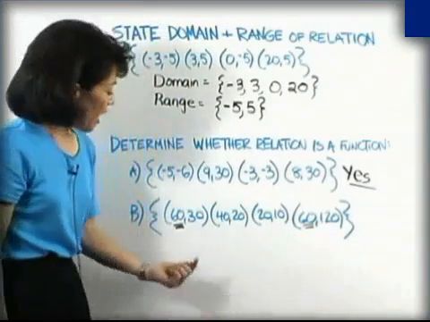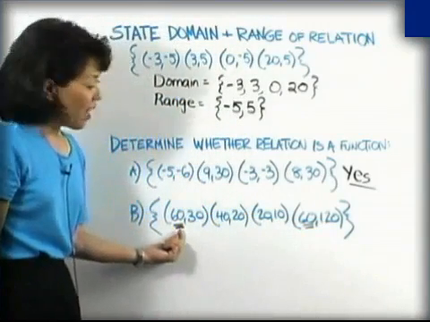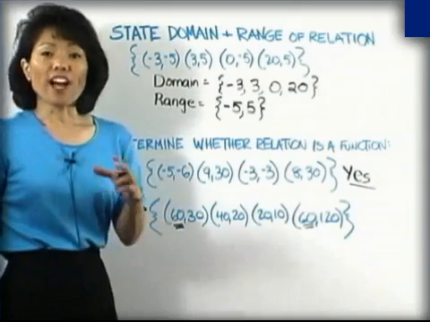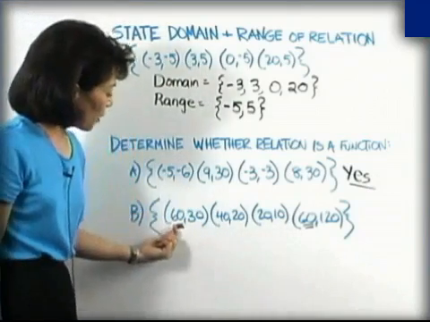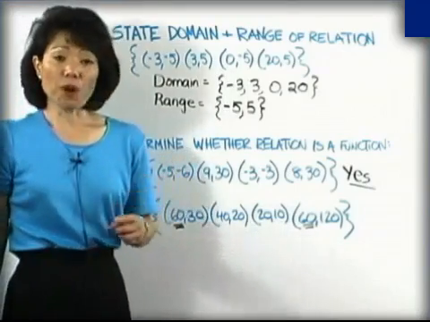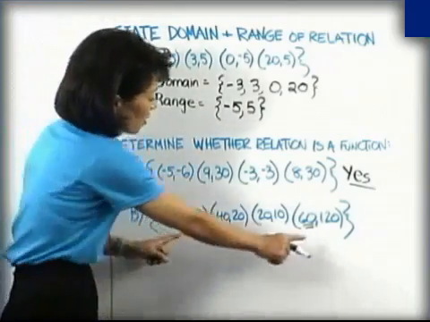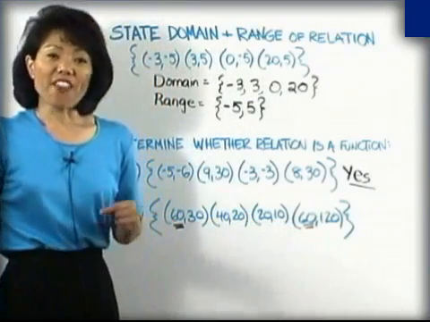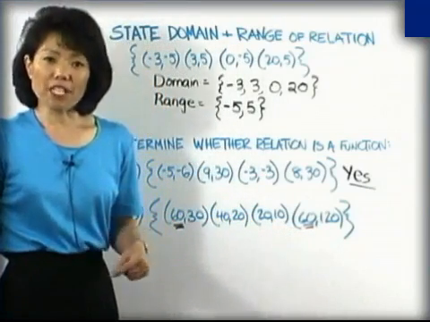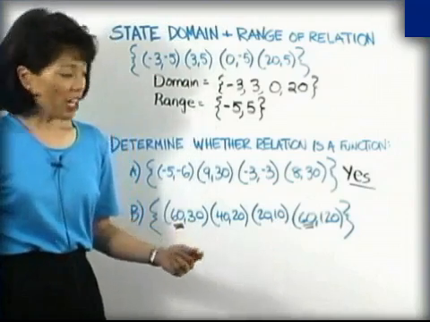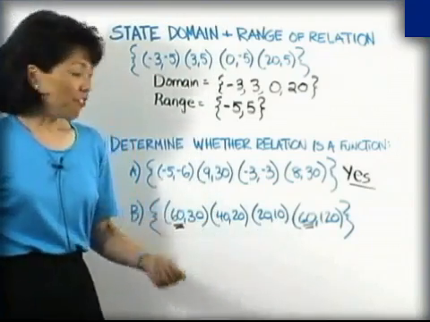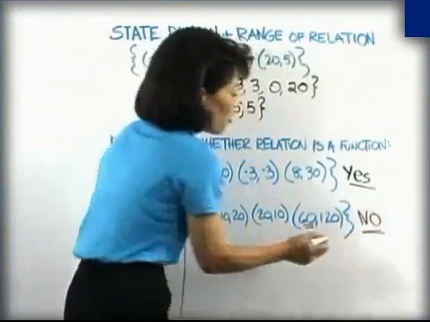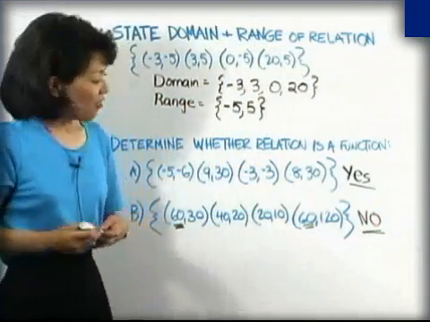So what's happening? I have an x value that is not paired with exactly one y value. Because I have (60, 30) and (60, 120), that breaks the rule of becoming a function. So this relation is not a function, but simply a relation.